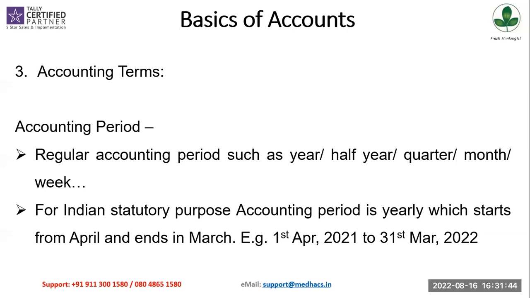For example, if I'm filing monthly GST returns, every month is an accounting period for me, because for this month I need to collate my total sales transaction-wise and all the purchases transaction-wise. That is what I'm supposed to report as a statutory norm to the GST department. So it is very important that you know what accounting period you follow. Hope this is clear. Could we move forward?